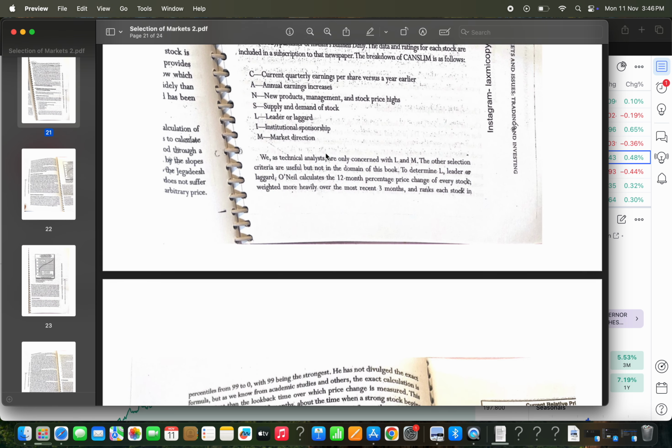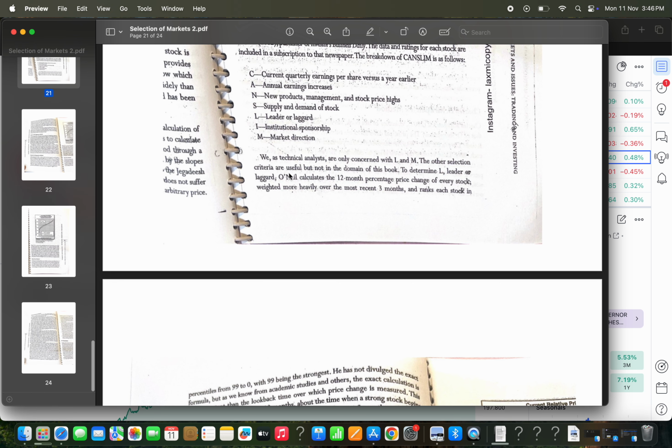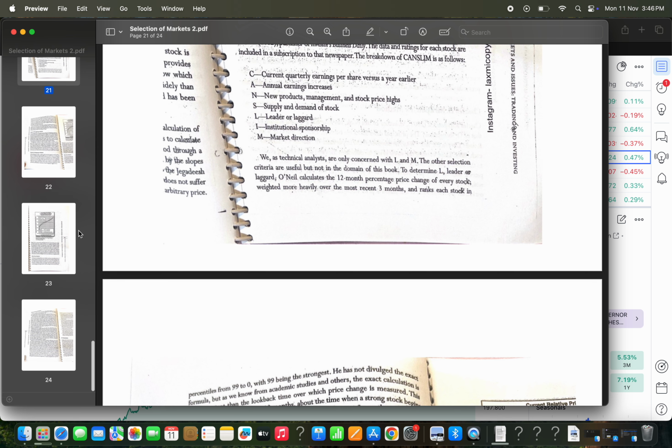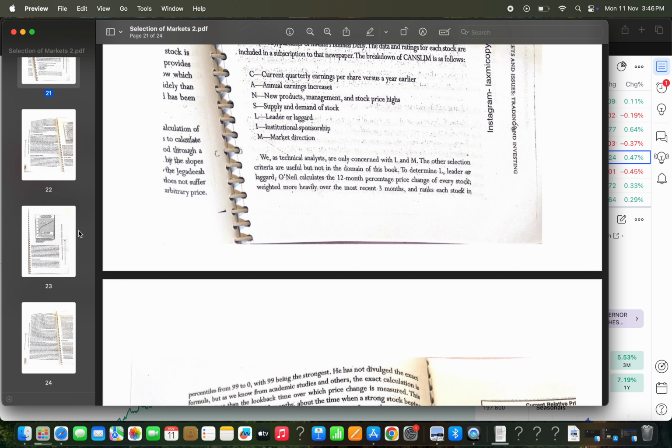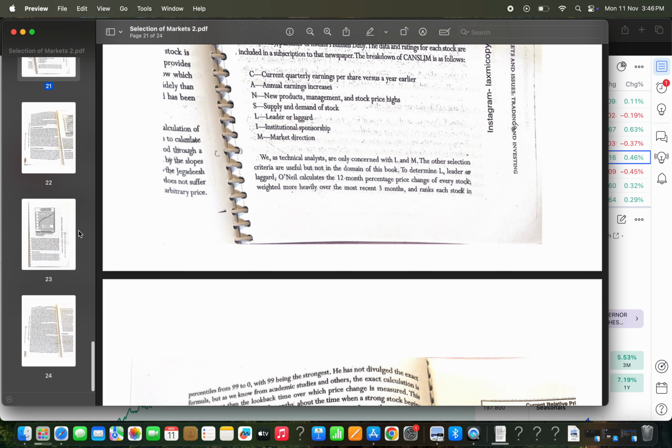So that is how you find the leader stocks or laggard stocks, right? So that is by basically calculating the 12-month price changes and then seeing which one gave us the heaviest move as compared to the last 3 months, and then you are going to rank it in percentiles, and the 99th percentile is going to be the highest.